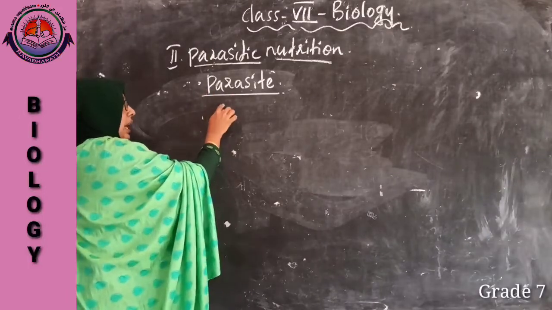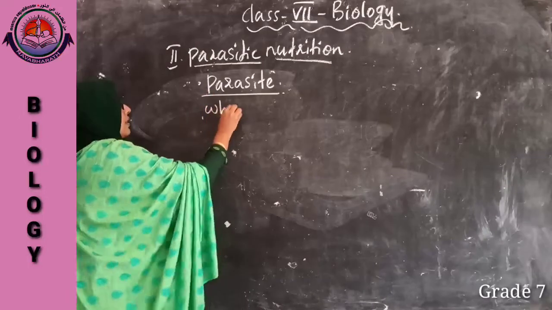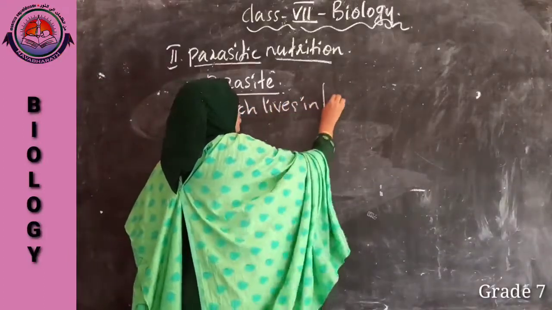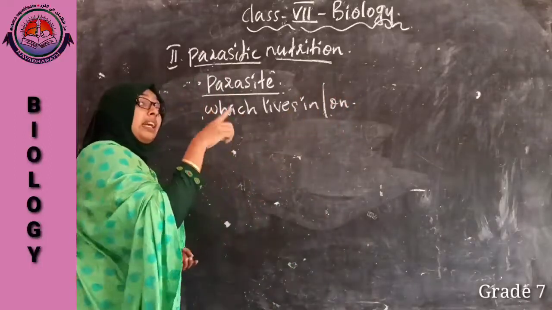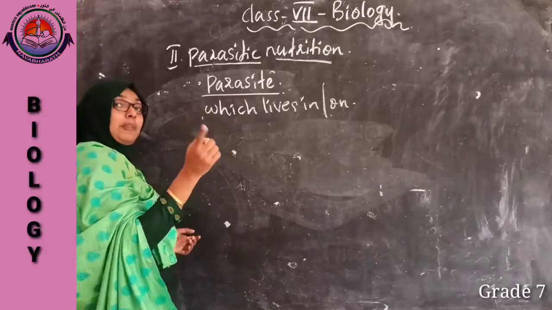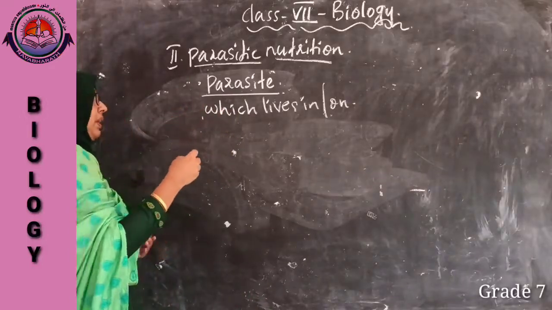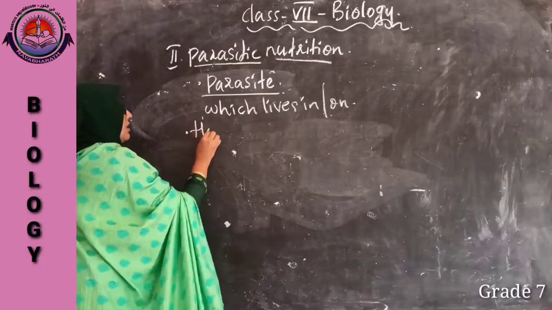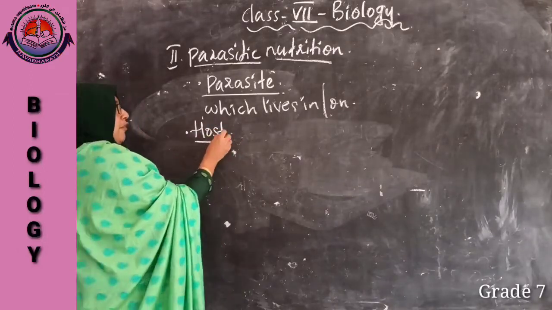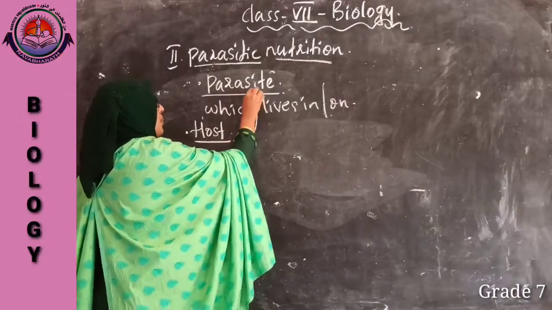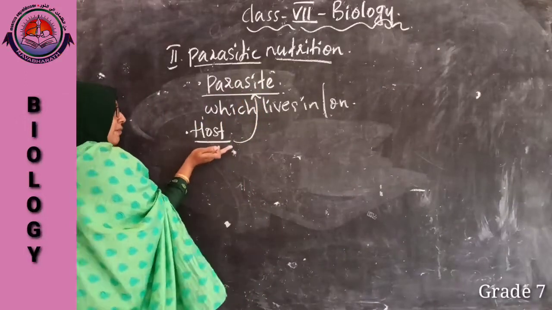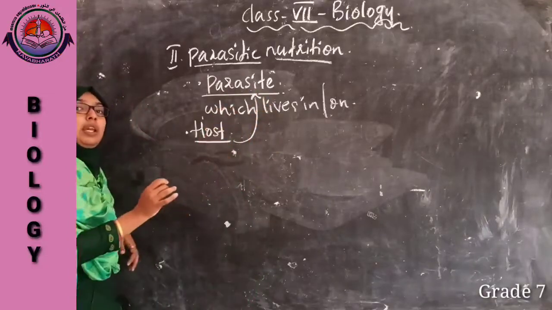Parasites are the organisms which live in or on the body of another organism and they absorb the food from that other organism. Another term is host. Host is the organism from which the parasite obtains food.